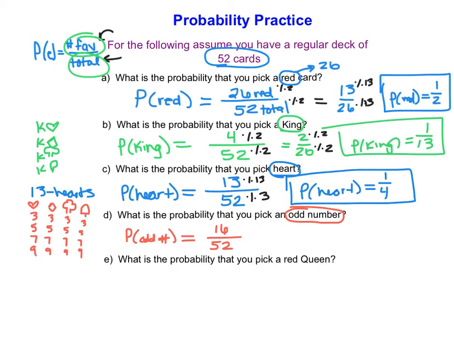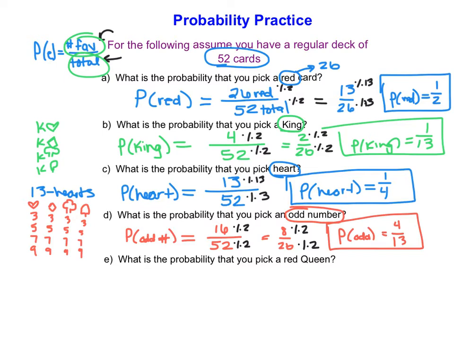So my probability is 16 over 52. Now I can see that each of these are even numbers, so I'm going to divide them by 2. That gets me 8 over 26, which again are 2 even numbers. So I divide those by 2 again. And I end up with the probability that I pick an odd number to be 4 over 13.